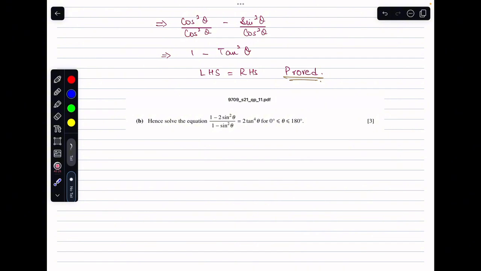What I have done in part A is that I have replaced (1 minus 2 sine square theta) over (1 minus sine square theta) by 1 minus tan square theta.